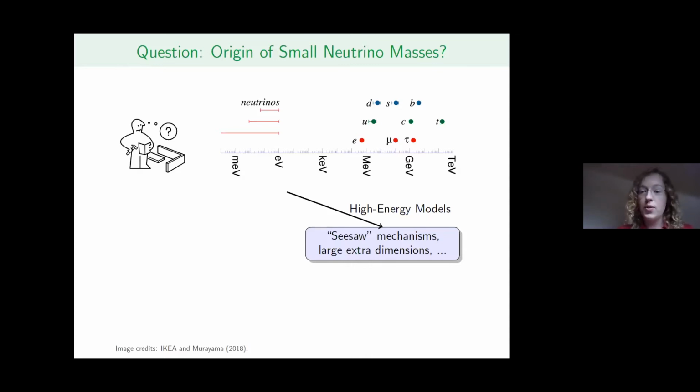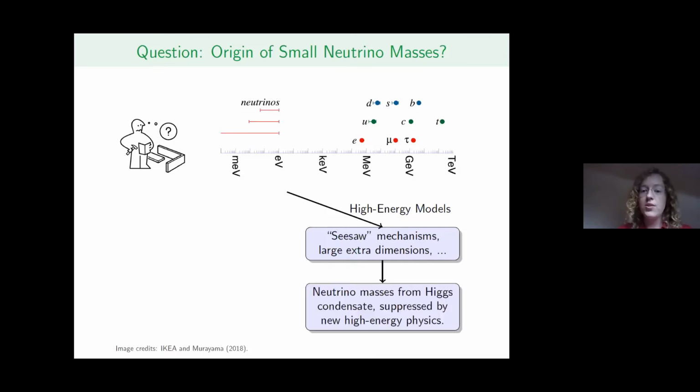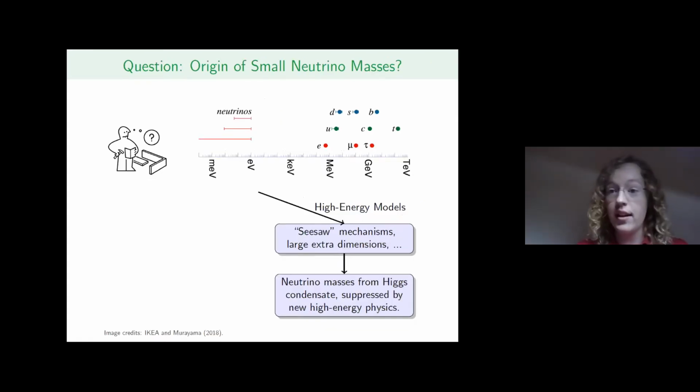And in all of these models, you have one thing in common, namely that neutrinos are getting one mass contribution from the Higgs condensate at a very high energy scale. Therefore, these models have to explain why the small neutrino masses are suppressed with respect to the scale of the Higgs condensate. This is done in the seesaw mechanism by having a very heavy right-handed Majorana neutrino mass, which then suppresses the observed neutrino masses with respect to the Higgs condensate.